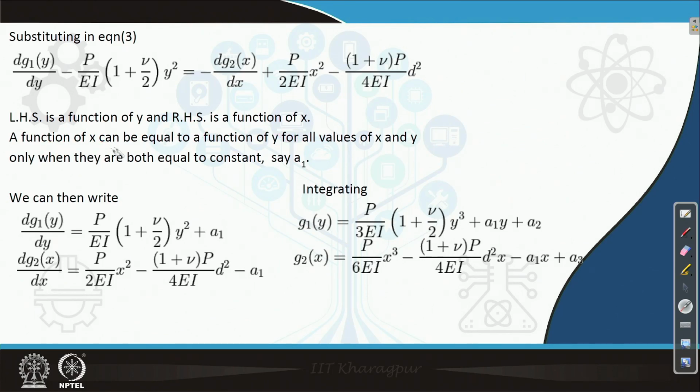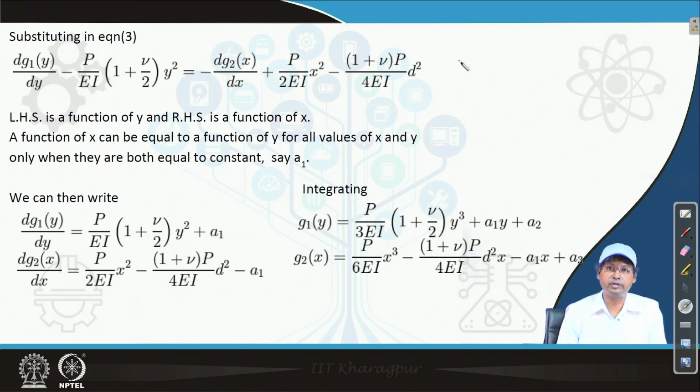A function of x can be equal to a function of y for all values of x and y only when they are both equal to a constant. That is quite obvious. This phenomenon we will be using in many parts when we go to the higher stages of any course, say CFD or structural dynamics or anywhere.